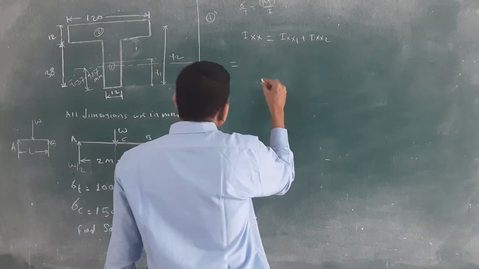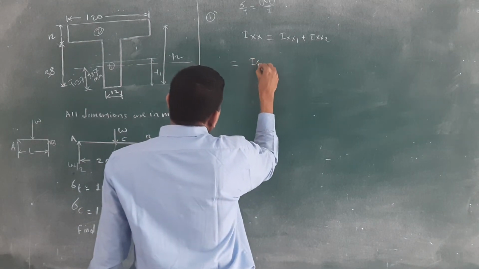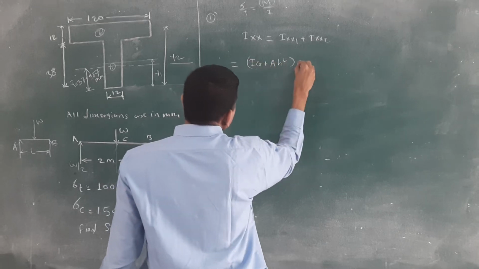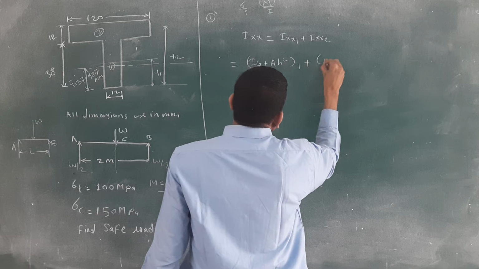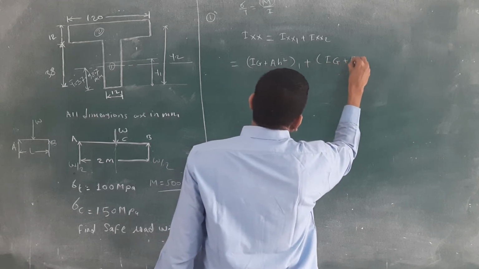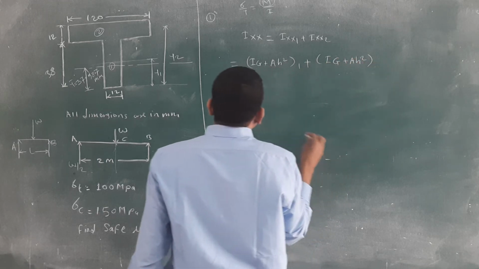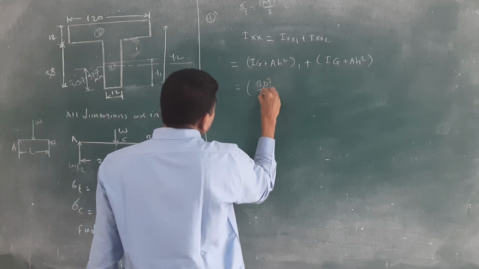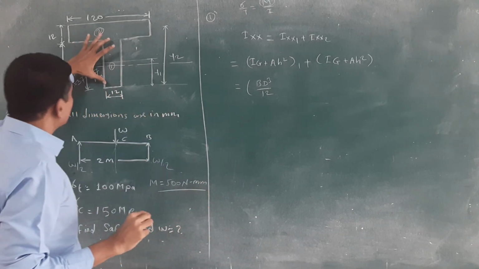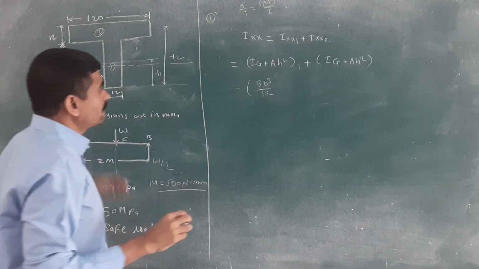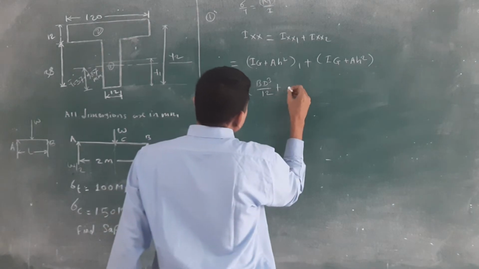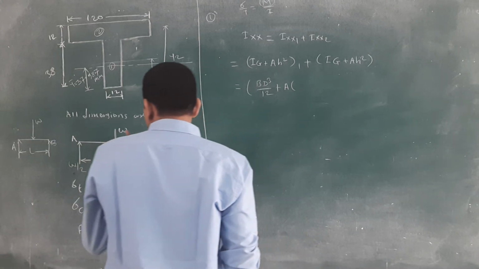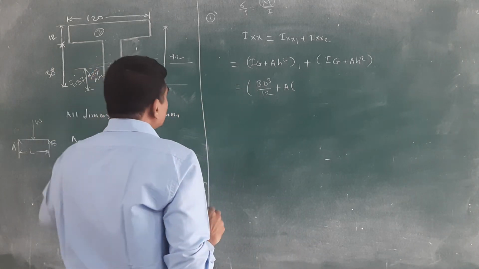Okay, what is the parallel axis theorem? Here it is Ig plus A h square, for the first part, and for the second part again Ig plus A h square. Again, what is the Ig? Ig means bd cube divided by 12, because here is a rectangular part, right? What is the area of the first part? Then h means the distance between the reference axis and the centroidal axis.